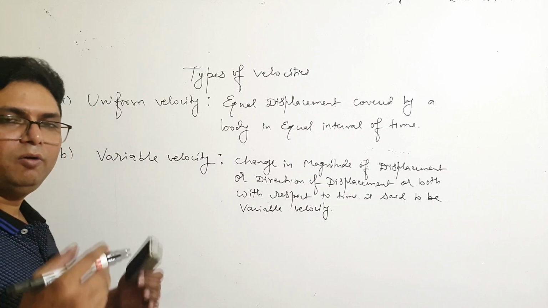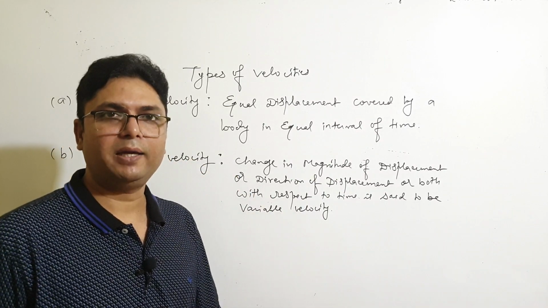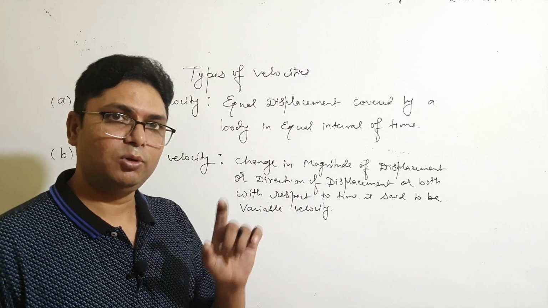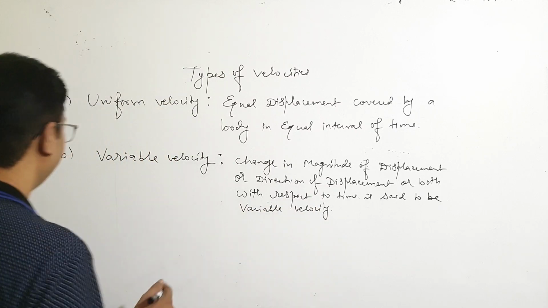This means that when the displacement magnitude or the direction is changing with respect to time, then this is said to be variable velocity.